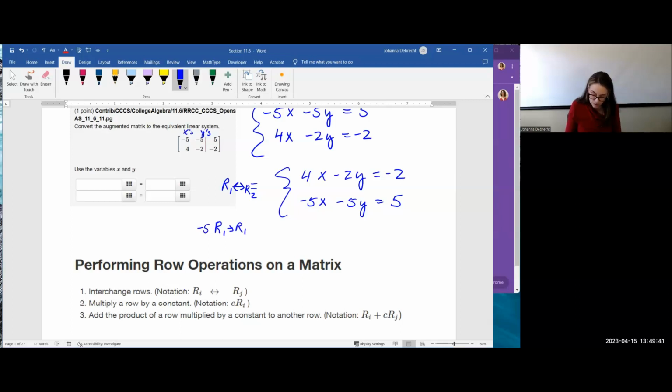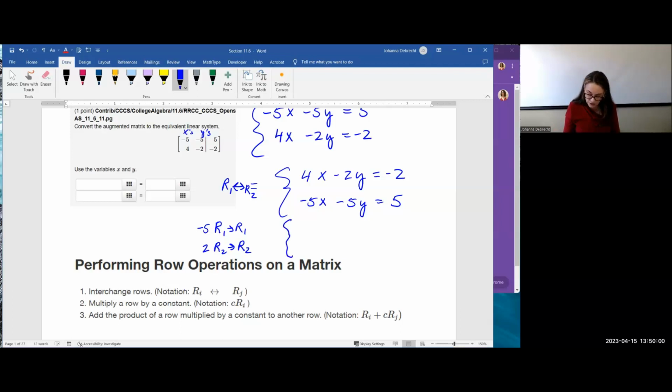And I could take row 2, multiply it by 2, and put it back into row 2. Notice those arrows are not double-headed because I'm not swapping each with the other. I'm actually replacing row 1 with -5 times row 1.